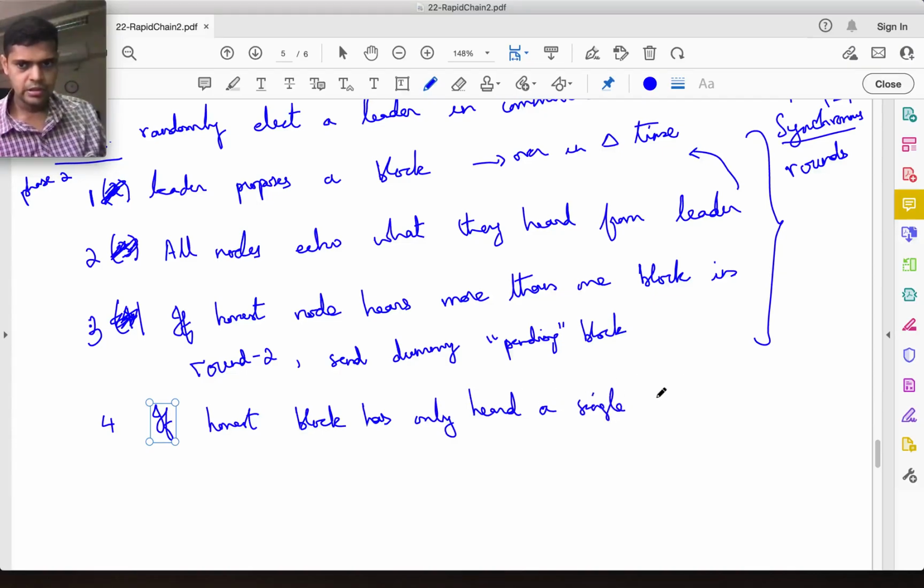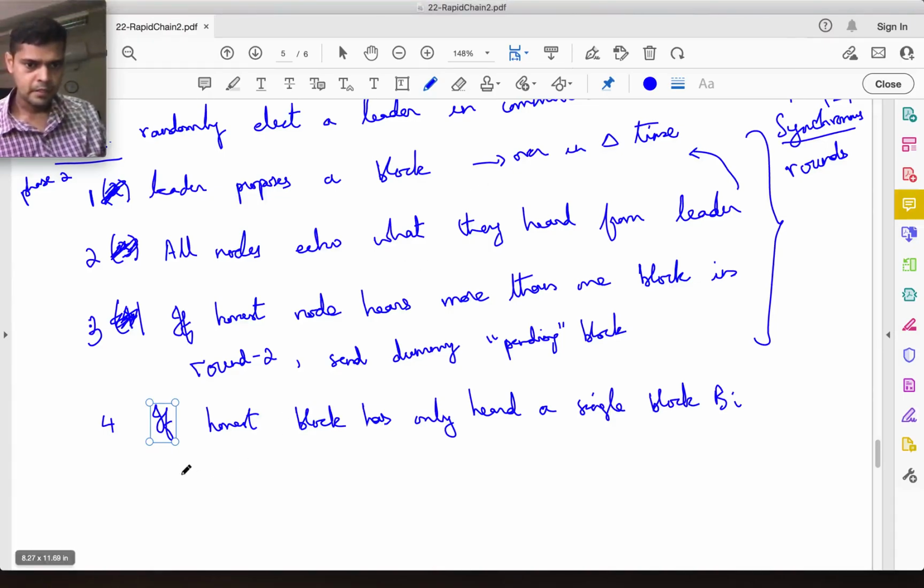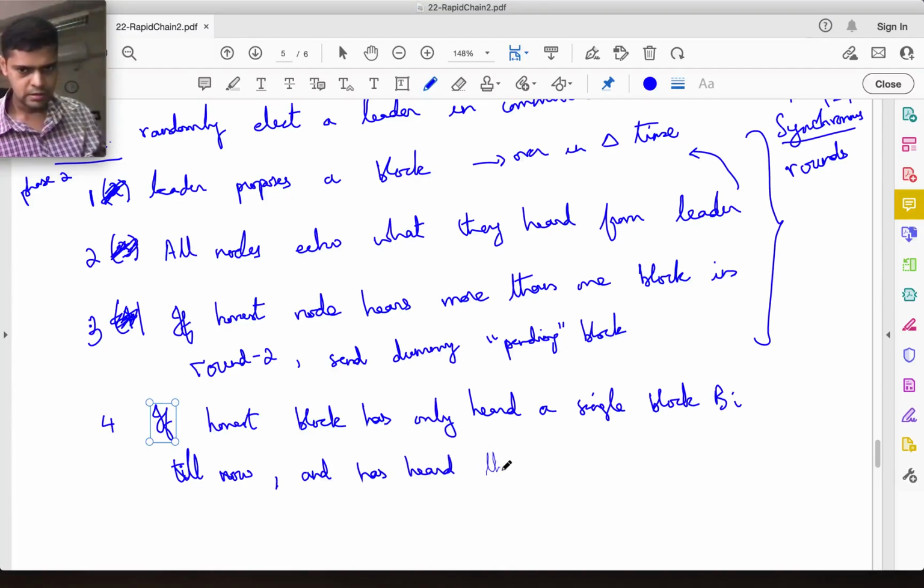So suppose it has only heard a single block BI till now, and it has heard this from f plus 1 nodes, okay, including itself.